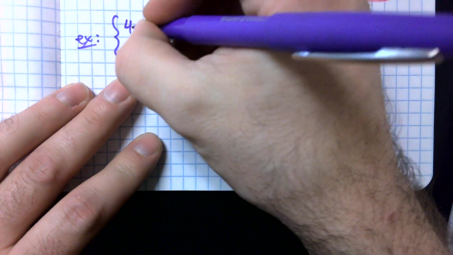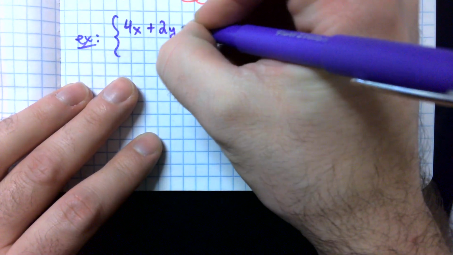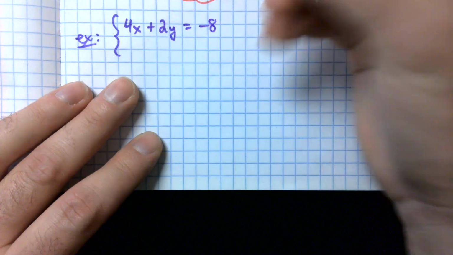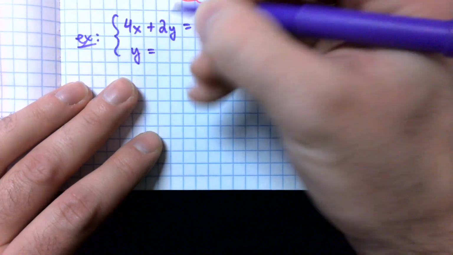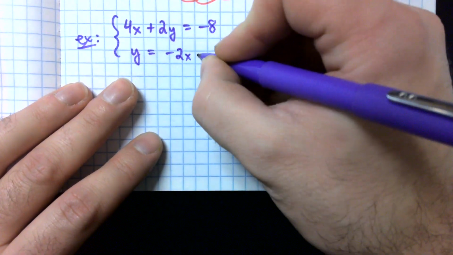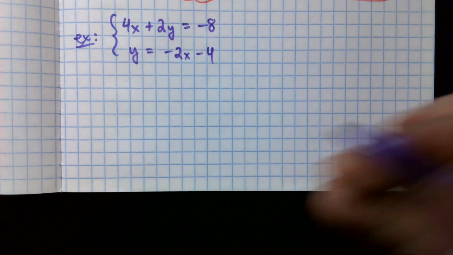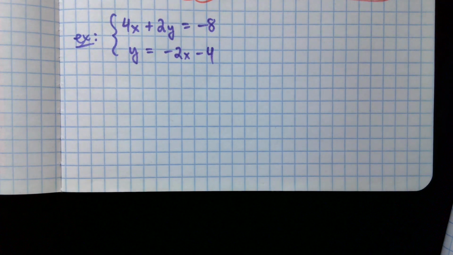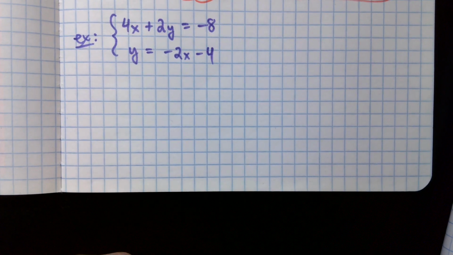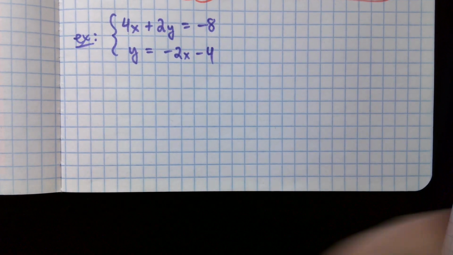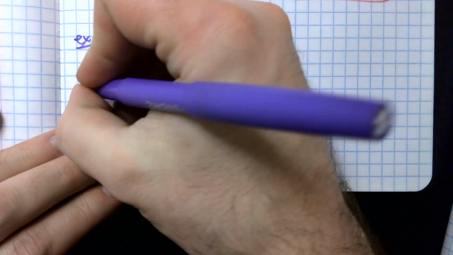4x plus 2y equals negative 8. y equals negative 2x minus 4. Step 1.